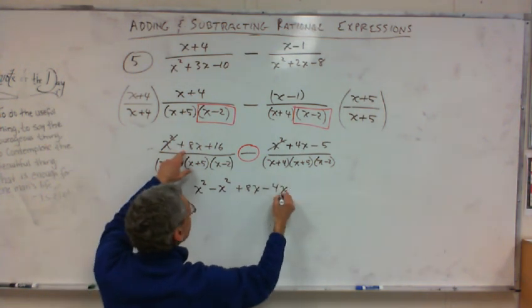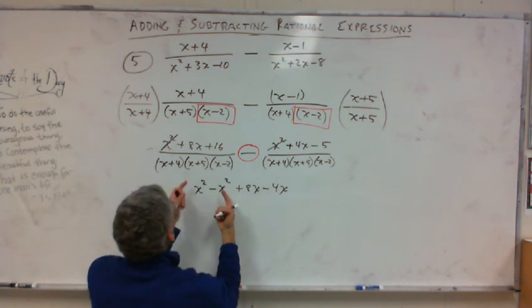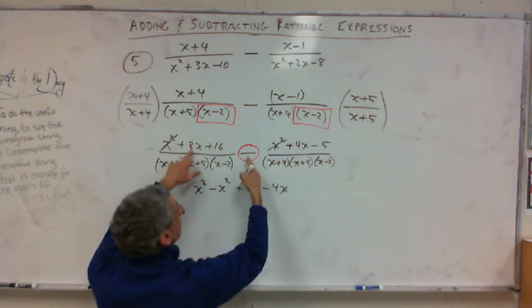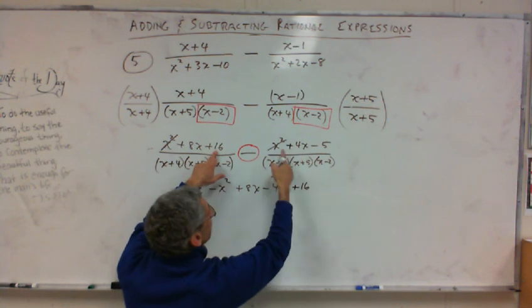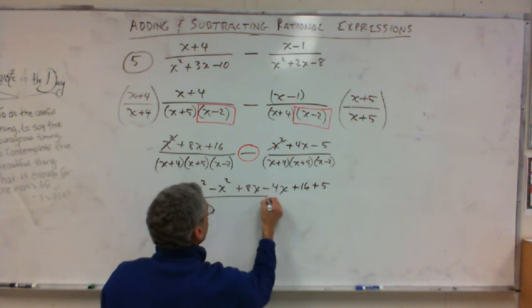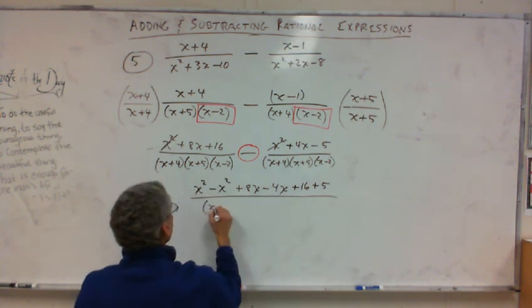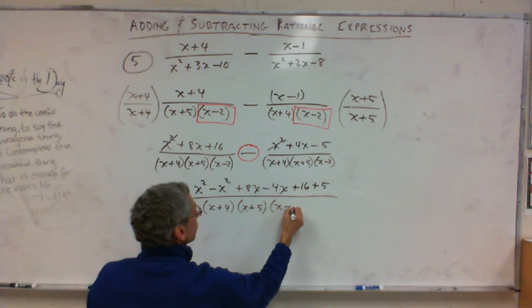You see what I'm doing? I'm putting them together so it's really easy to find them and to simplify, right? 8x minus 4x, and then plus 16 minus a minus 5, meaning plus 5, all over the same thing, x plus 4 times x plus 5 times x minus 2.